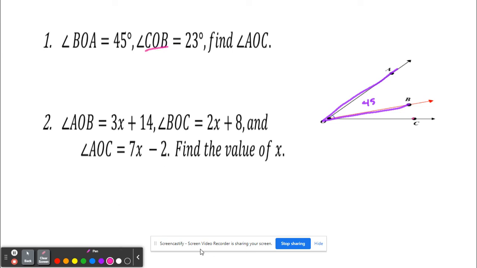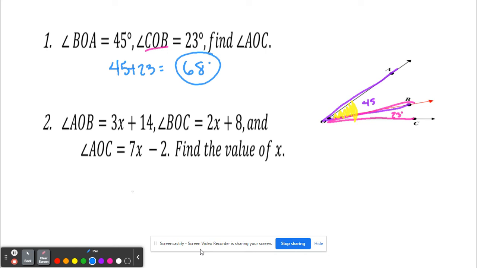So I start at C, go back to O, over to B. That's 23. And the question is wanting angle AOC, the big angle right here. Like how much is all of this? So I just add those two together. 45 plus 23, and that's 68 degrees.